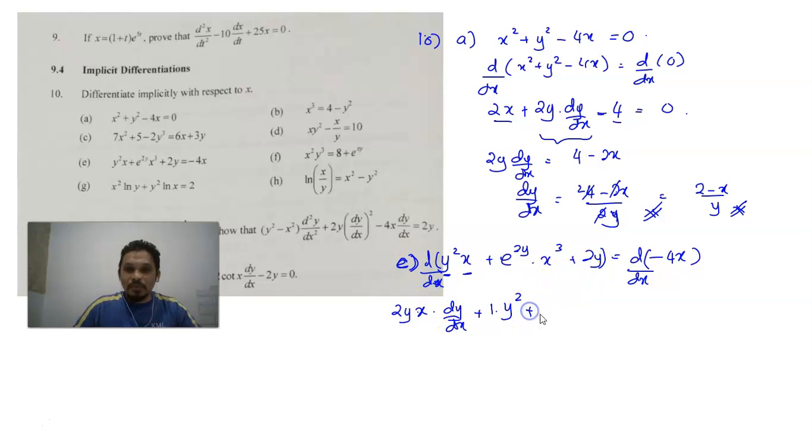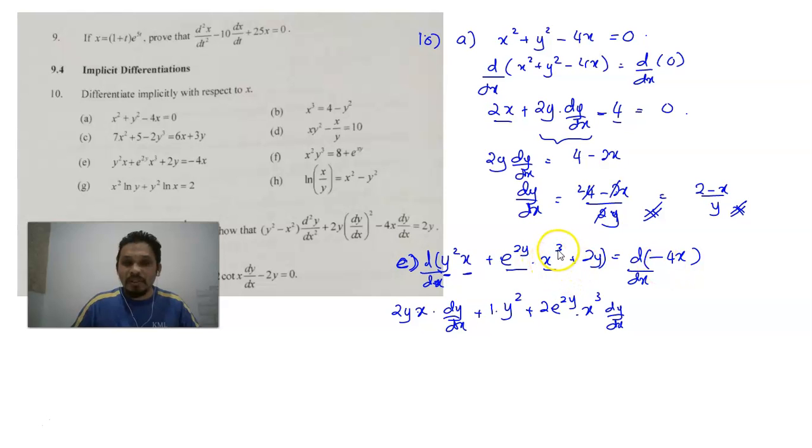Now plus, according to the question, e to the power of 2y multiplied with x cubed. We derive one by one. First, differentiate e to the power of 2y to e to the power of 2y, then x cubed, and because we derive y with respect to x, multiply with dy/dx.